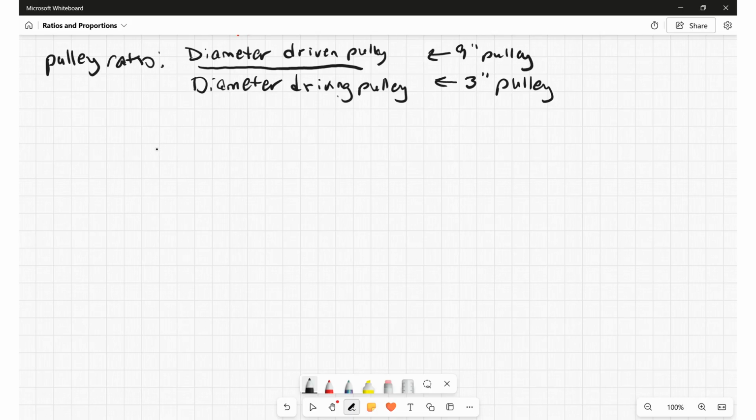So in this HVAC example, our pulley ratio is going to be 9 inches to 3 inches, or 3 inches to 1 inch when we reduce this ratio. And what this is telling us is that our fan spins 3 times slower than the motor.